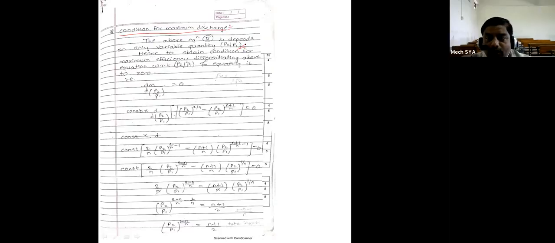Now, to get the condition of maximum discharge, or the optimization condition, we have to find out on which variable the equation depends. Then we differentiate the equation with respect to that variable quantity and equate that differentiation to 0.